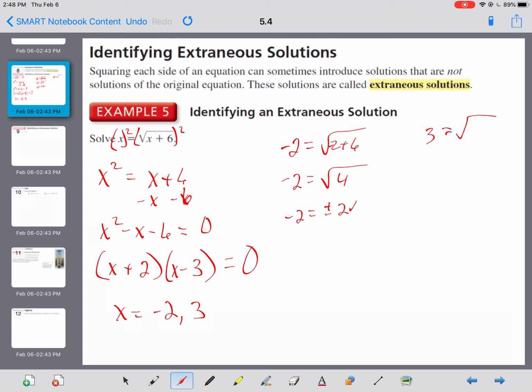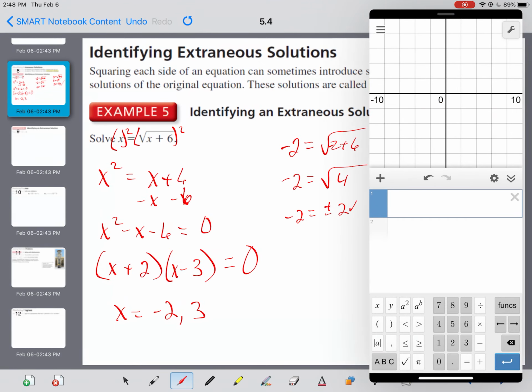3 equals the square root of 3 plus 6. 3 equals the square root of 9. 3 equals 3. Yeah, that one works a little better if you assume that it's positive when it comes out of there. That's a for sure check. The other one doesn't.